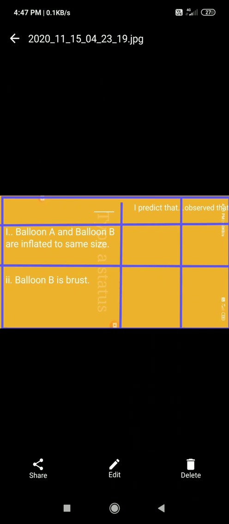Okay, and next one, I observed that. What you have observed, if both are same, both the balloons will have same weight, right? Then same size, same weight. Understood? Now next one, second one, balloon B is burst. Now when you pin one of the balloons, what will happen?